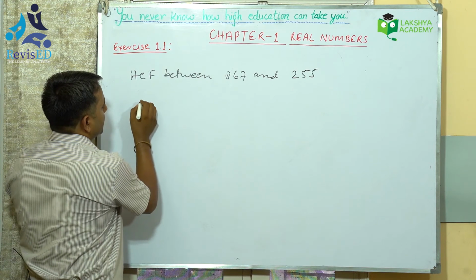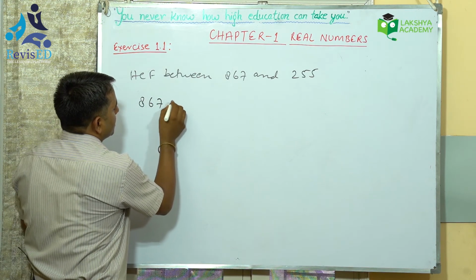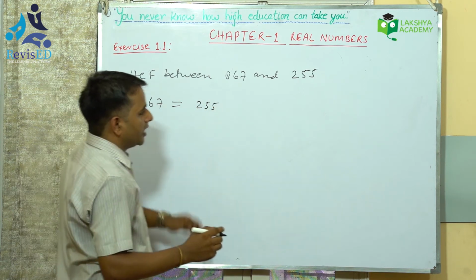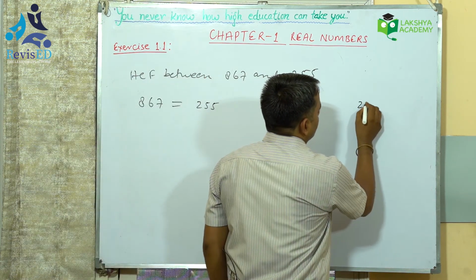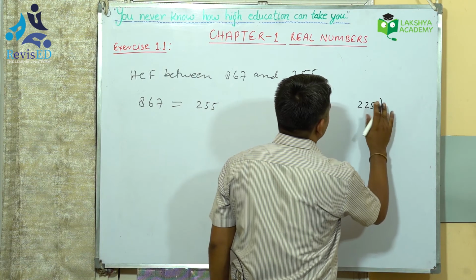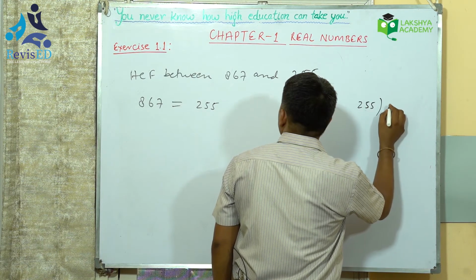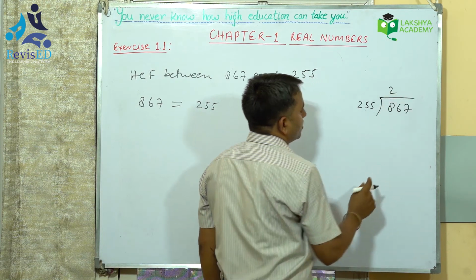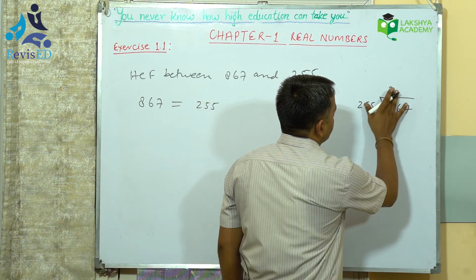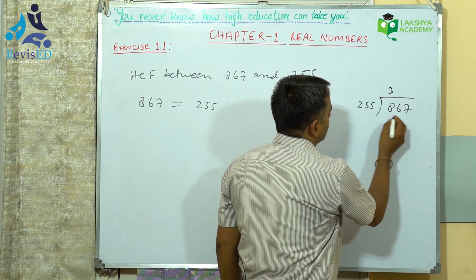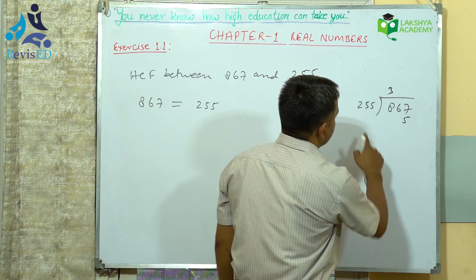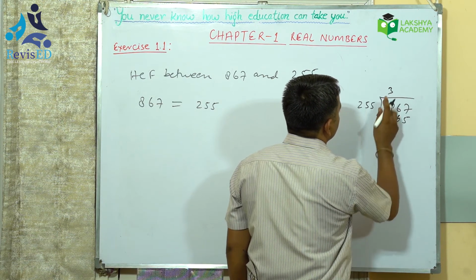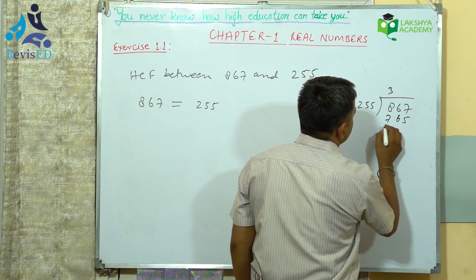Following Euclid's division, 867 equals 255 into something. Now we can divide it separately: 255 into 867. This will go 3 times. 3 fives are 15, plus 1, 16; 3 twos are 6 plus 1, 7.